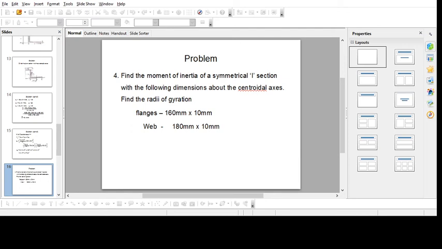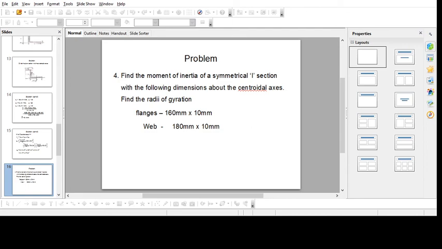The two flanges are of the same dimensions, so instead of writing 10 into 160 cube by 12 plus 10 into 160 cube by 12 plus 180 into 10 cube by 12, we can simply write 2 into 10 into 160 cube by 12 plus 180 into 10 cube by 12. So that value is equal to 68.4 into 10 to the power of 5 mm to the power 4, right?